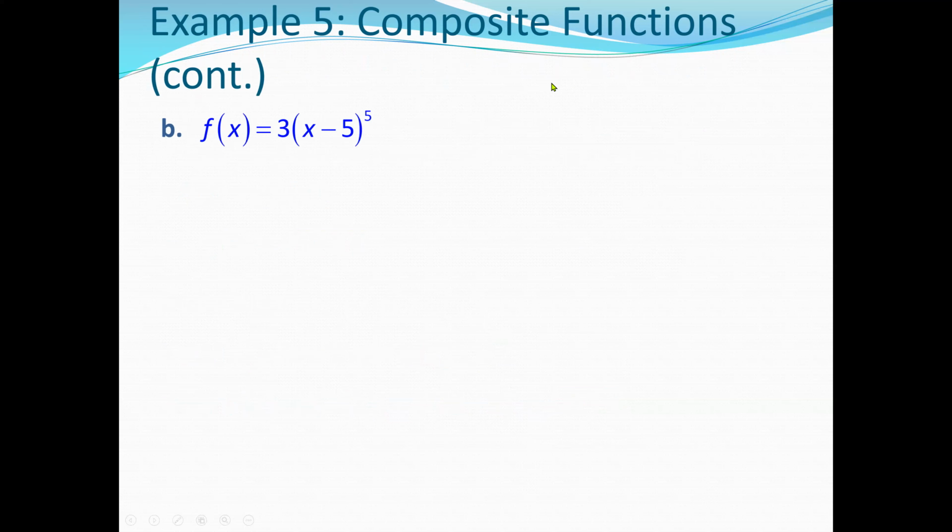Okay, so another example, composite function, f at x equal to 3x minus 5 raised to the power 5. So the solution here, we have h at x equal to x minus 5 and g at x equal to 3x to the power 5.